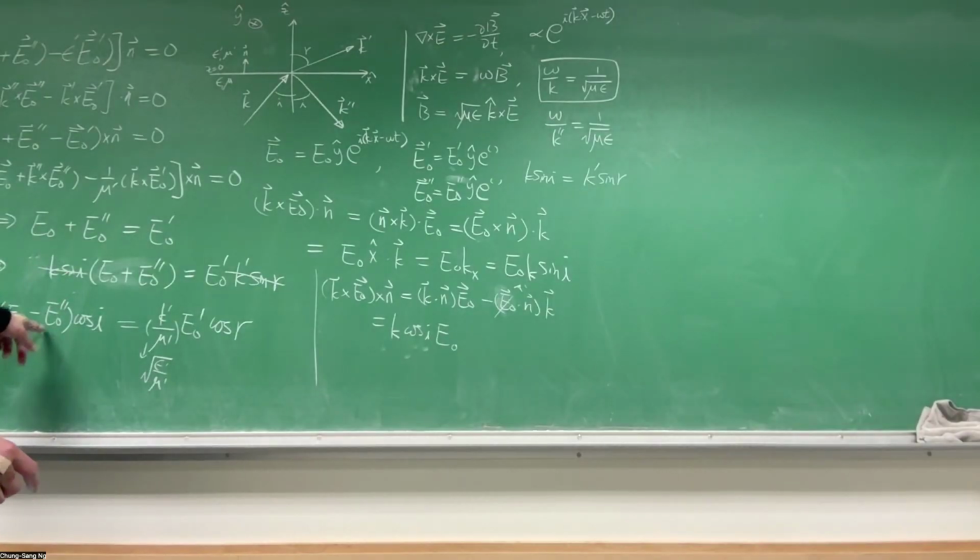So you have three quantities, but again, only the ratio is important. So you need to solve E0 prime divided by E0, and then E0 double prime divided by E0.